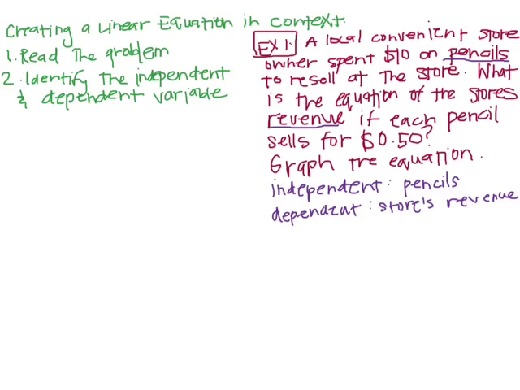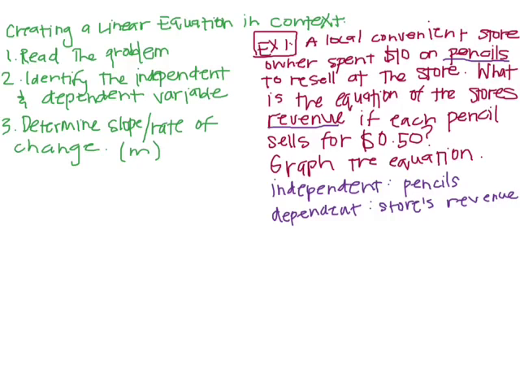My next step is to determine the slope, or the rate of change. Remember that slope is represented by the variable m in slope-intercept form, y equals mx plus b. So when I read through my problem, I see that I'm selling a pencil for 50 cents each.